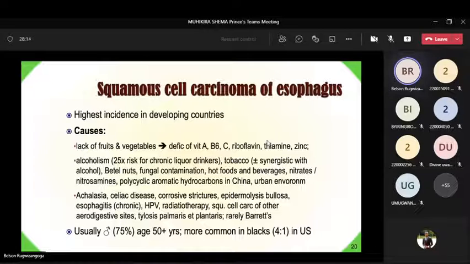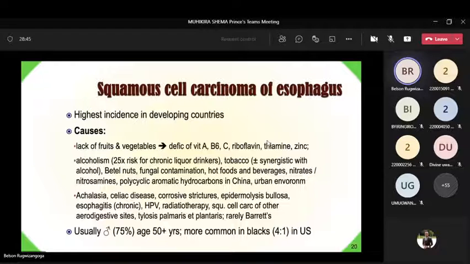They tend to eat fewer fruits and vegetables and eat more, for example, pre-cooked foods bought from the supermarkets containing nitrates and nitrosamines. And maybe they are the ones also drinking very strong alcohols as compared to those living in rural areas. And also, as I said, they eat fewer fruits and vegetables and more fat.